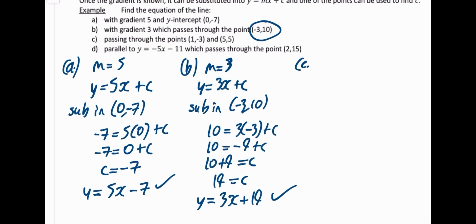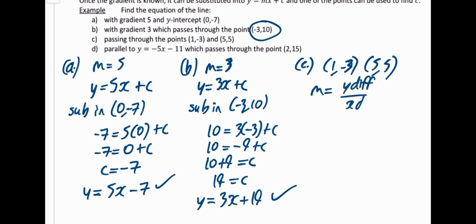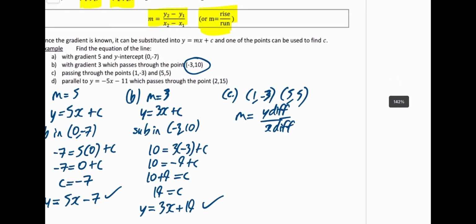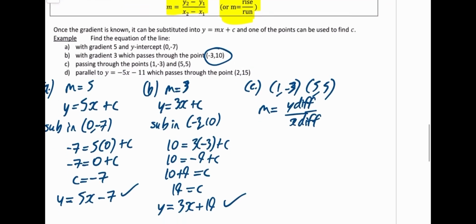Okay, part C is the only one of our examples where we actually have to work out the gradient. So first of all, it goes through the points 1, minus 3 and 5, 5. So your gradient m, you work it out using your formula, y difference over x difference, or rise over run, or whatever way you want to say it.